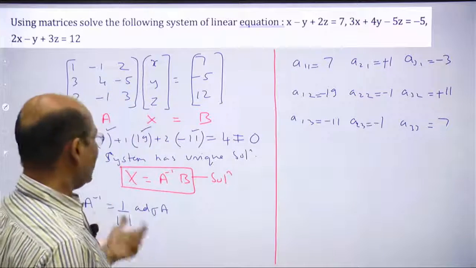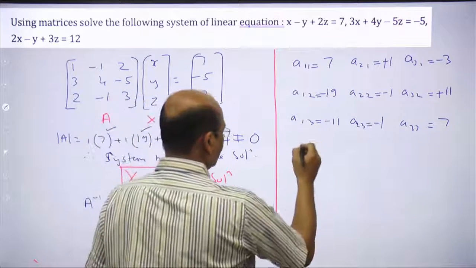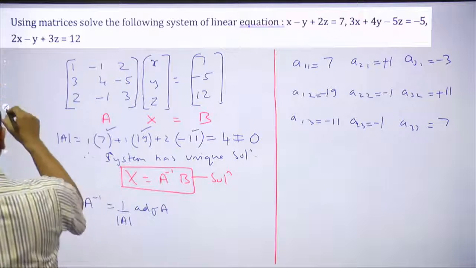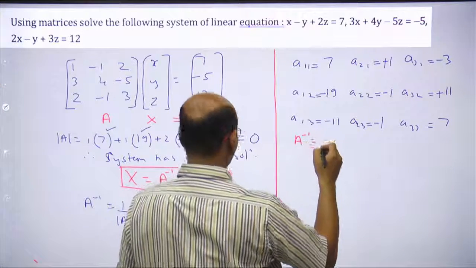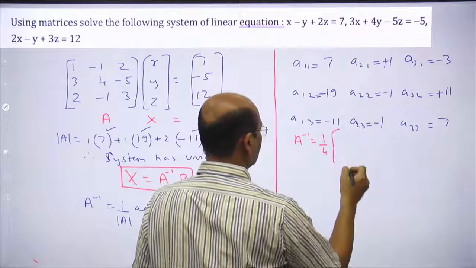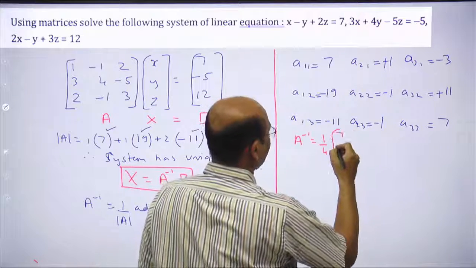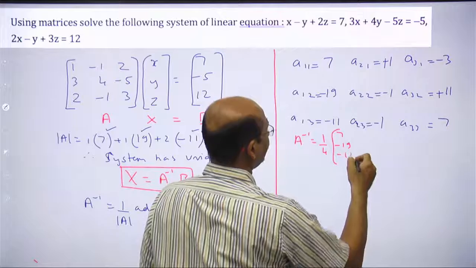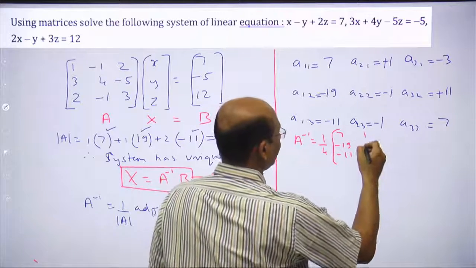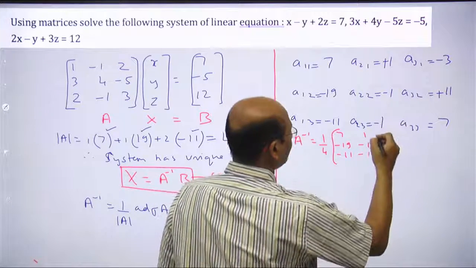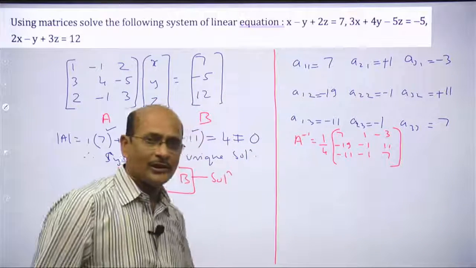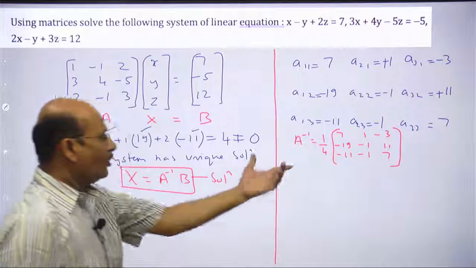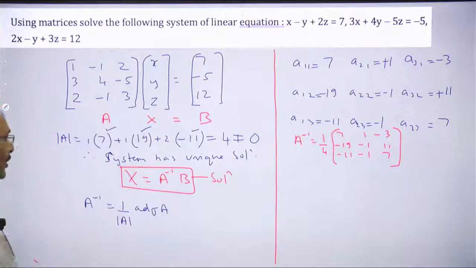So I got adjoint A. I just put across here for you. So A inverse is 1 upon 4 times: write down 7, minus 19, minus 11, then 1, minus 1, minus 1, then minus 3, 11 and 7. I hope you got this point clear. Right guys? Okay, now my job is over because the solution is given by x equals A inverse B.